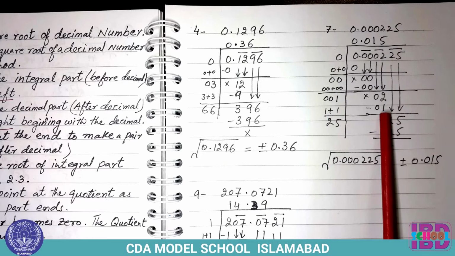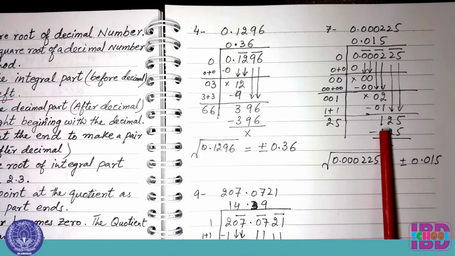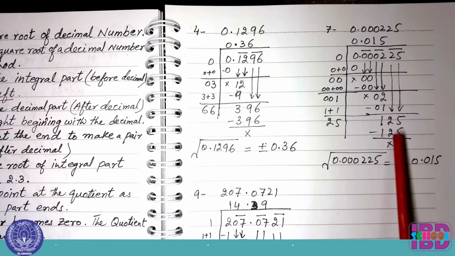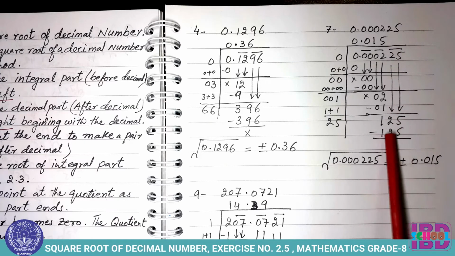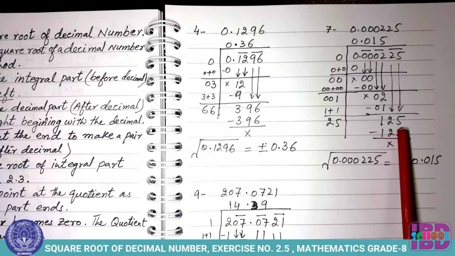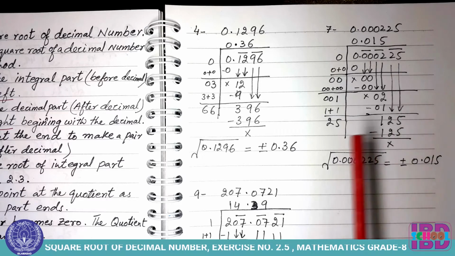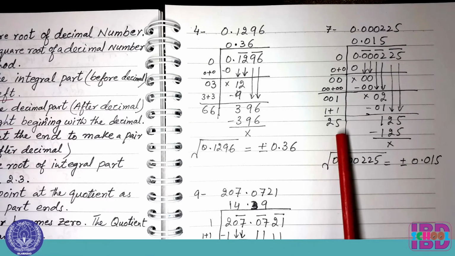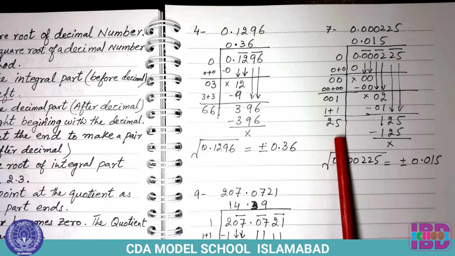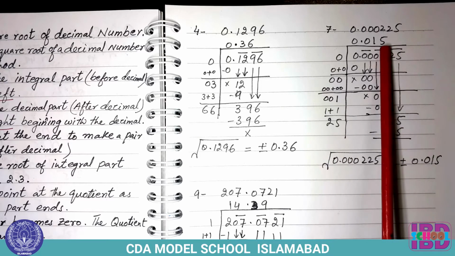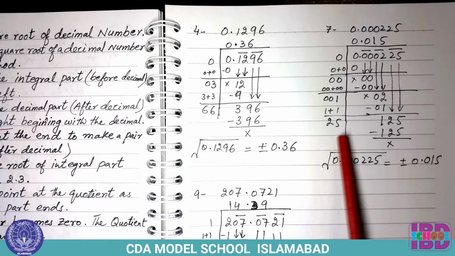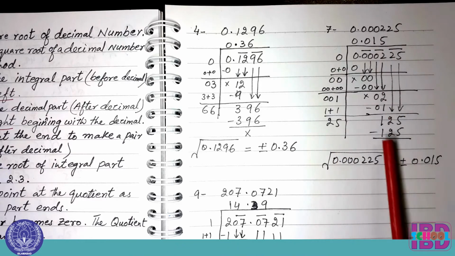1 ones are 1. 2 minus 1 is equal to 1. Note the third pair down. The dividend becomes 125. Now we should find the new digit in the quotient. That is 25 into 5 is equal to 125.